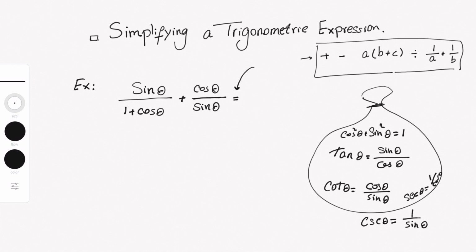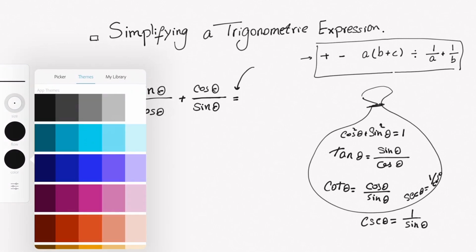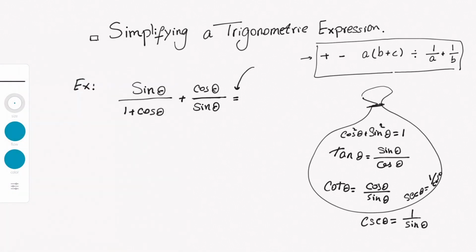So how do we start here? I would like to find a common denominator between 1 plus cosine theta and sine of theta. So the common denominator should be sine of theta multiplied by 1 plus cosine theta.